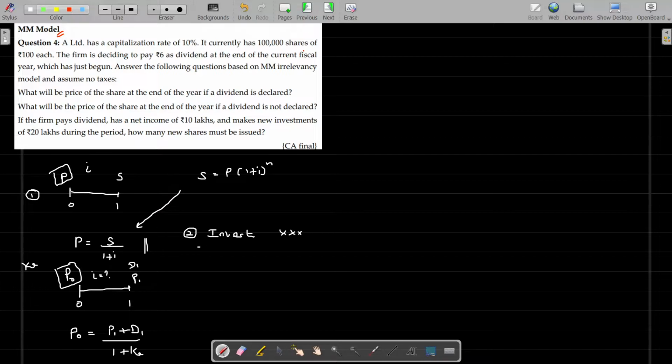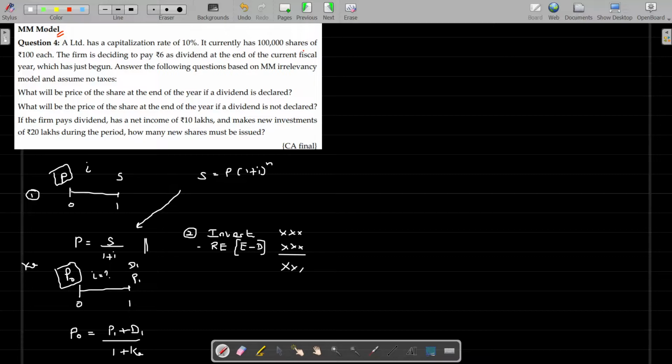Okay, investments minus retained earnings. Retained earnings is nothing but earnings minus dividend. By the end of first year, whatever earnings are there, if you subtract dividend from it, you get retained earnings. Is that okay?